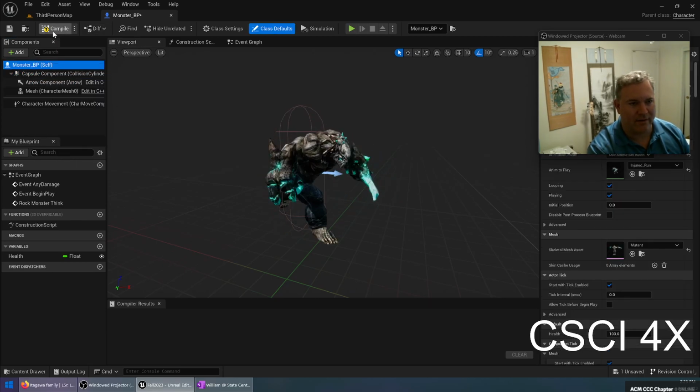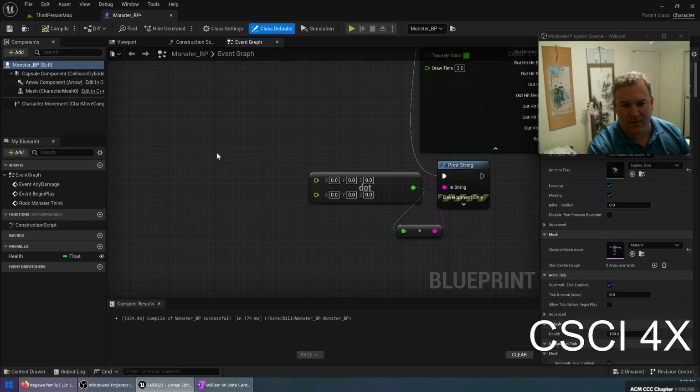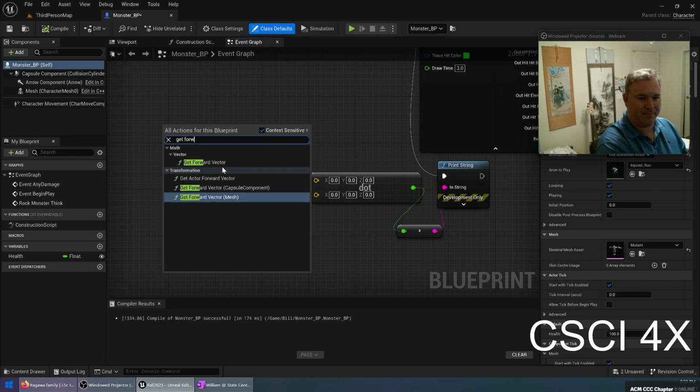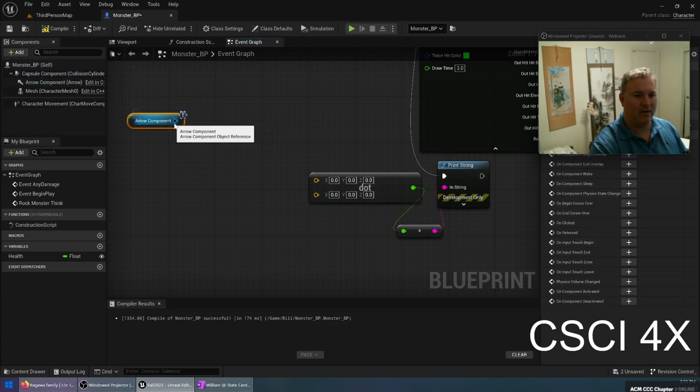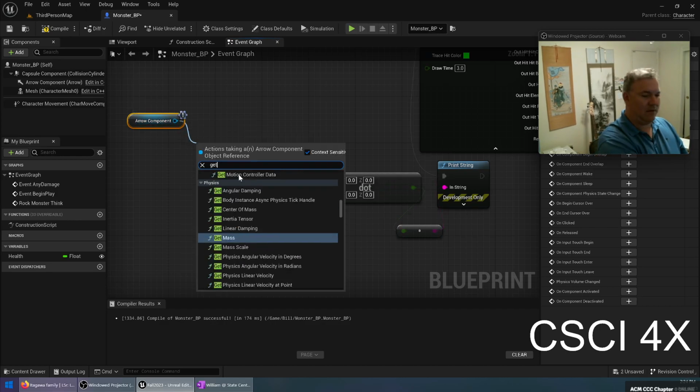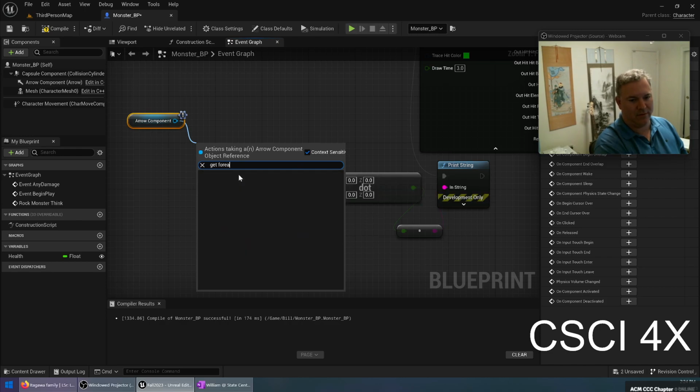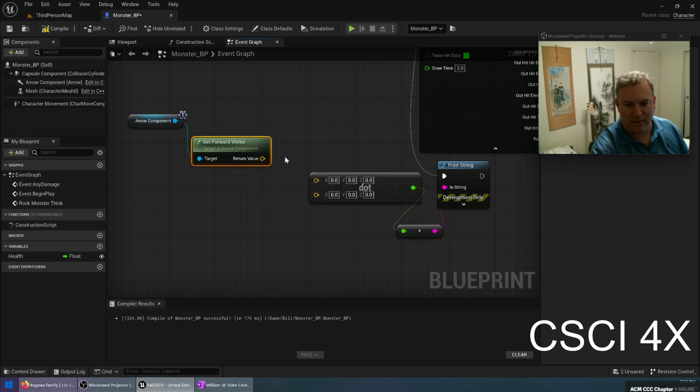Maybe we'll just drag out our get forward vector. Okay. And so get forward vector, no. We'll do it from the arrow component then. Yeah, okay. Get forward, let's see if this works. We have the forward vector of the monster.